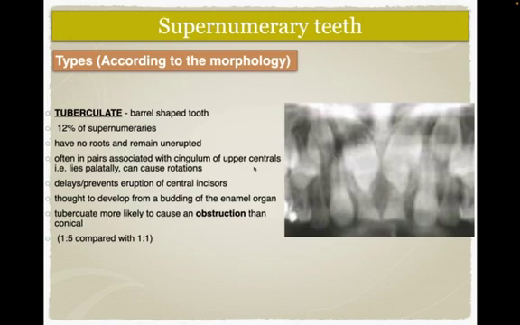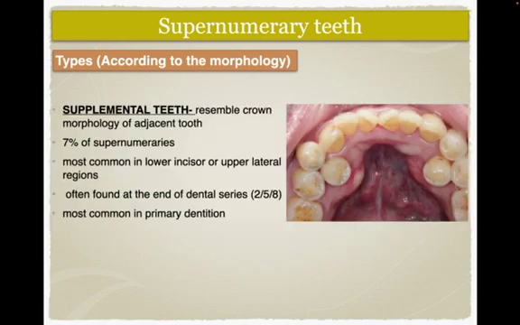And this one is mostly causing impaction of the incisors. It's the opposite of the conical. Usually they prevent the incisors from erupting and they cause impaction of the central incisors in a 1:5 ratio compared to the conical supernumerary. So the tuberculate supernumerary are more commonly associated with blocking of the eruption of the central incisors.